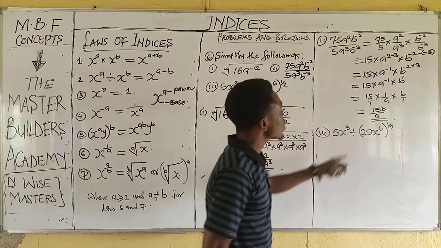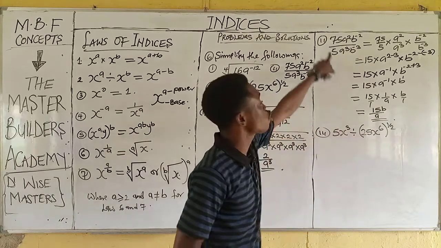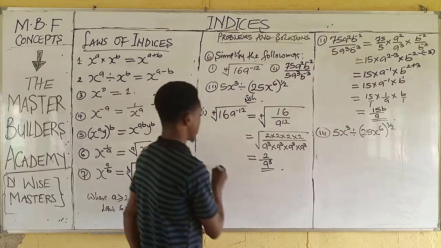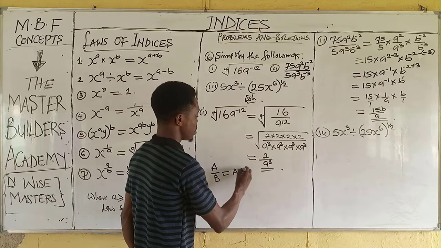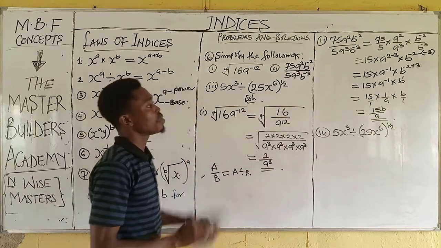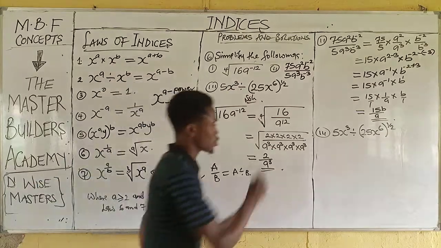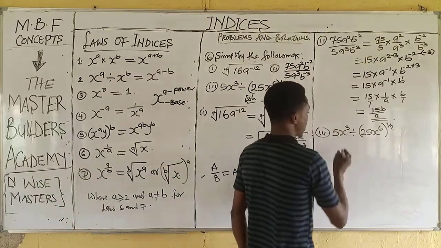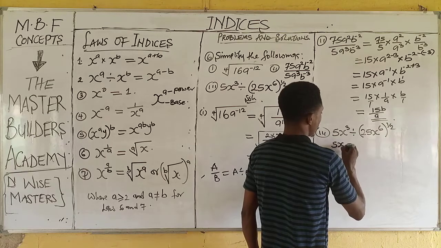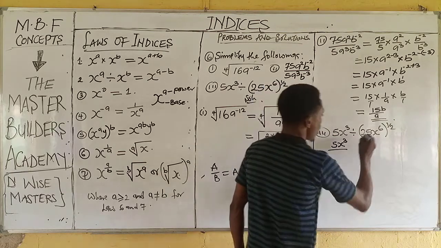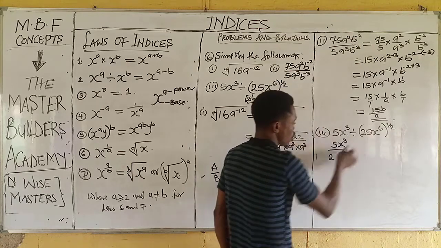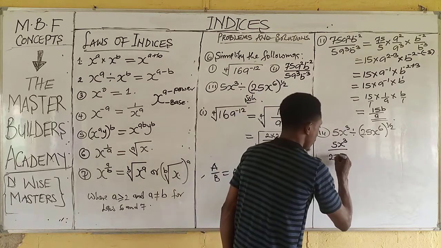So we can decide to convert this question to this format. If I believe that a over b is the same thing as a divided by b, then I can use this method. I just convert it to this format. So let's convert so that the solving will be easier for us. So this will be 5x raised to the power 3 all over 25. This division is what we just converted to this other form.